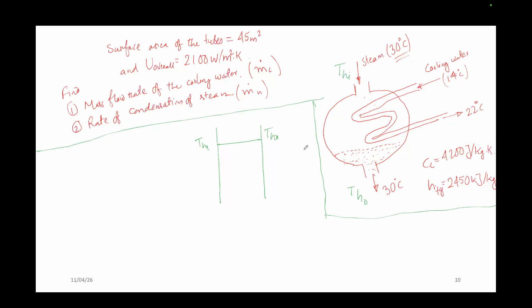Now, in this question, let me check whether anything is given. Tell me, what type of flow is it? Is it parallel flow or counter flow?